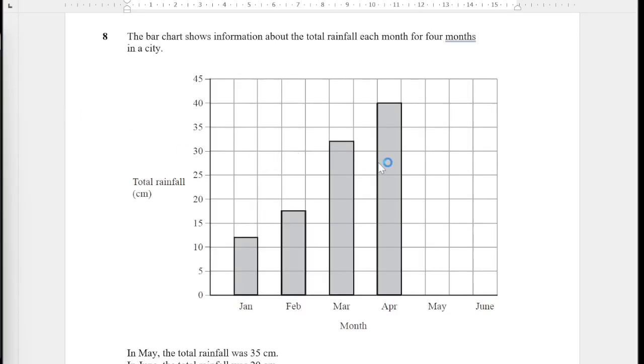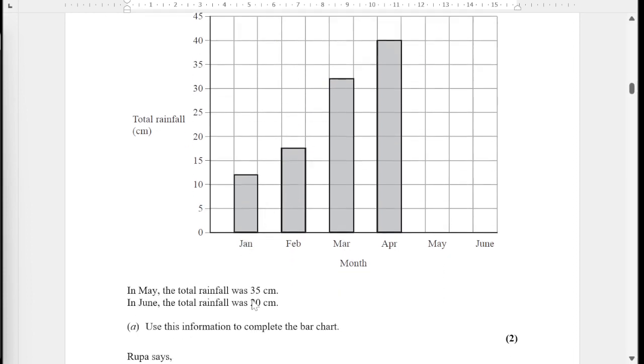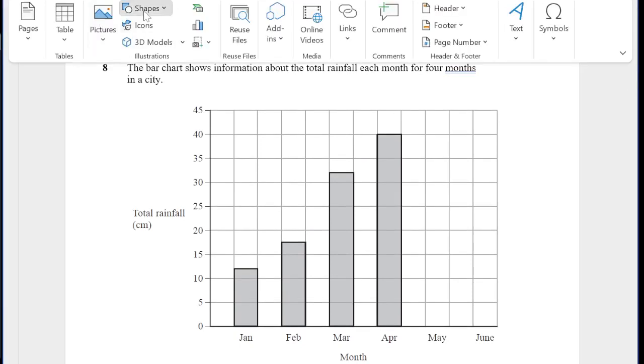So question 8, the bar chart shows information about the total rainfall each month for 4 months in a city. In May, the rainfall was 35 centimetres. In June, the total rainfall was 20 centimetres. Use this information to complete the bar chart. So you're obviously going to use a ruler for this.